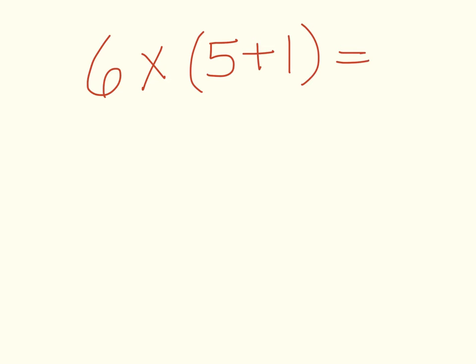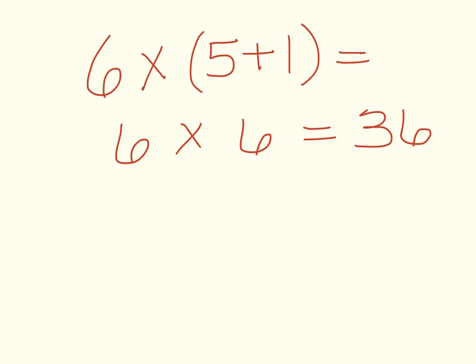So if I said 6 times 5 plus 1. Well, I have shown you with my parentheses, and you would automatically go, oh, the parentheses, I have to do that first. And you would say to yourself, 5 plus 1 equals 6. That was the thing you had to do first. And then you'd multiply it by your 6. And 6 times 6 is 36.